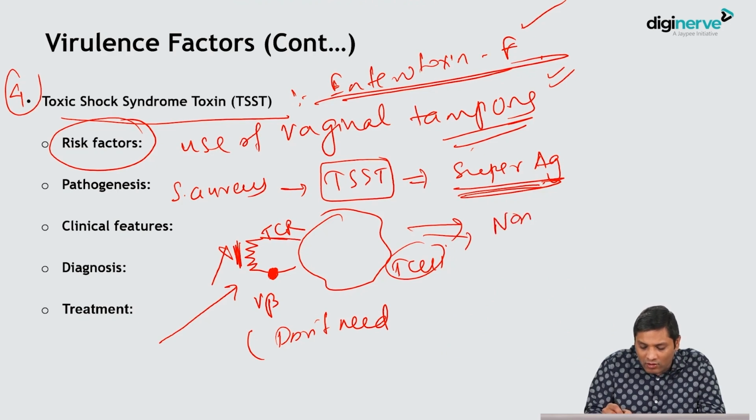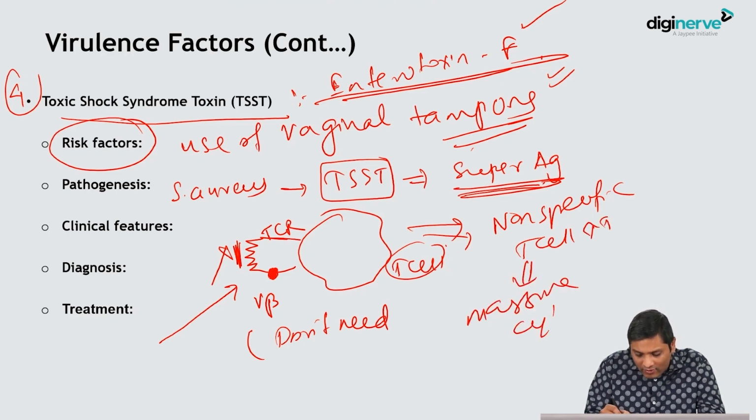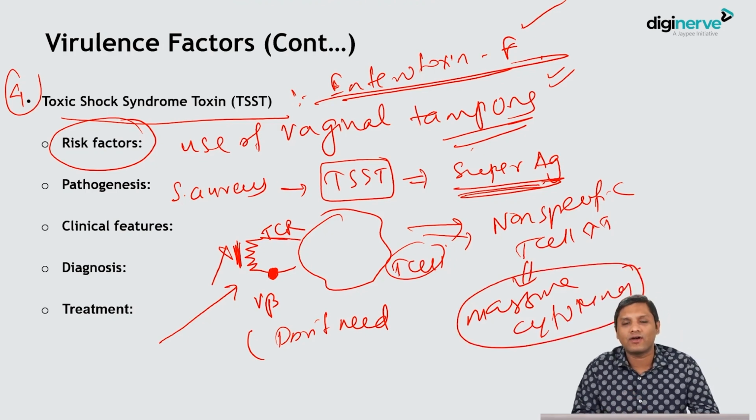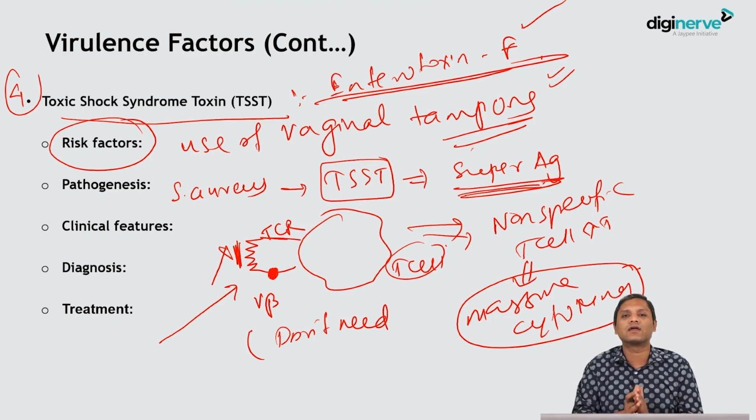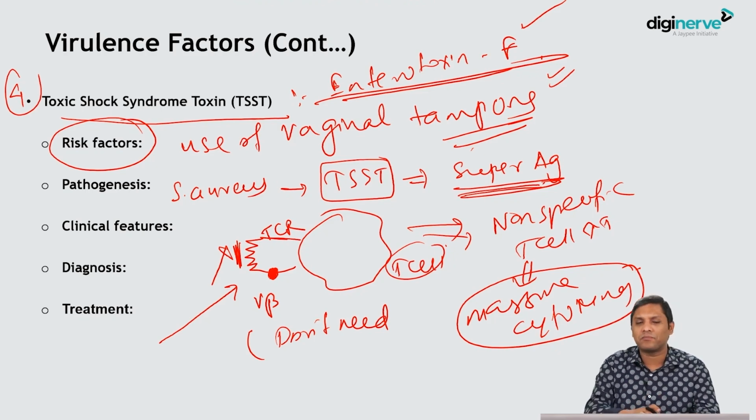You will have non-specific activation of T cells, and that leads to massive release of cytokines. The massive release of cytokines is responsible for the various clinical manifestations seen in toxic shock syndrome. So this is the pathogenesis.